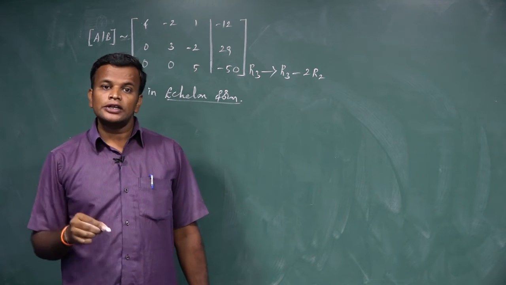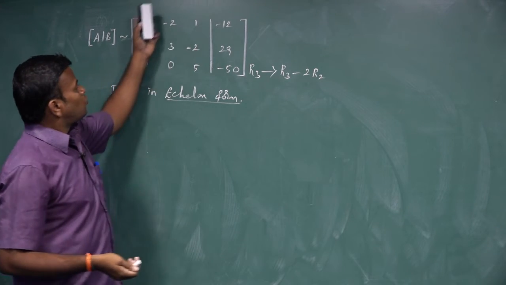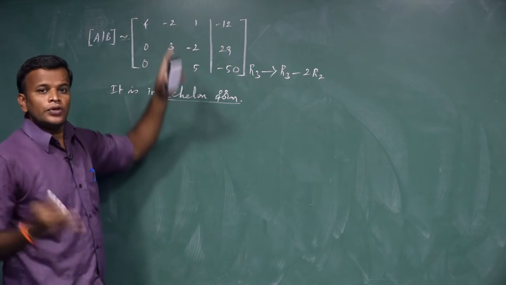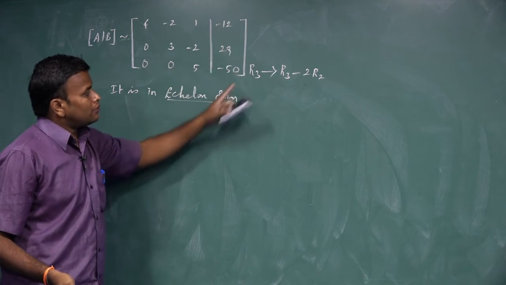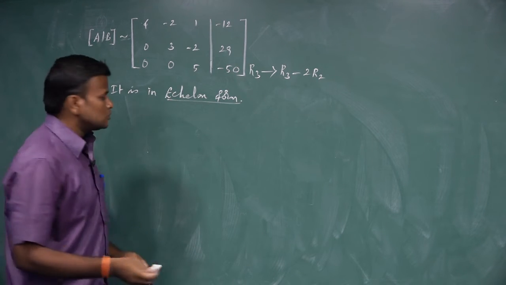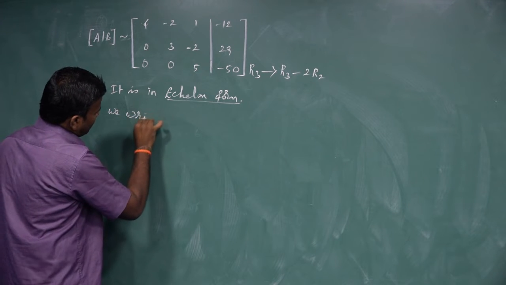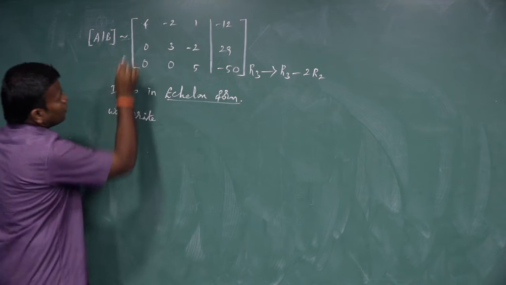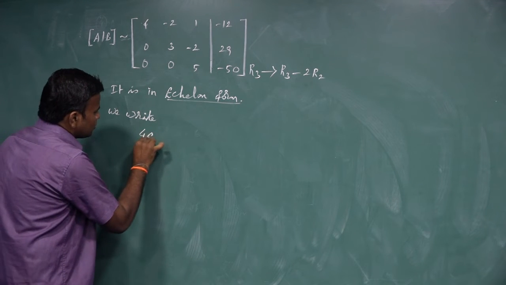We write this matrix form as a system of equations. This one, all are the coefficients of A, B, C, and the line above, all the numbers are the constants. So we write: first one is the coefficient of A, so 4A.